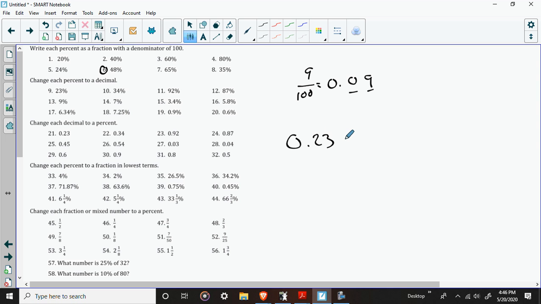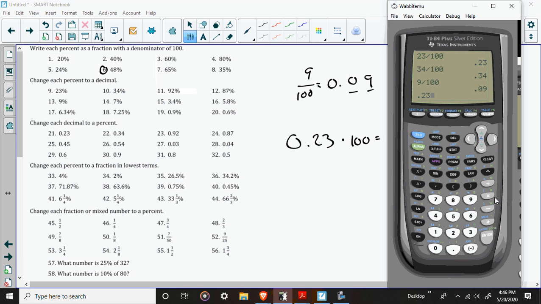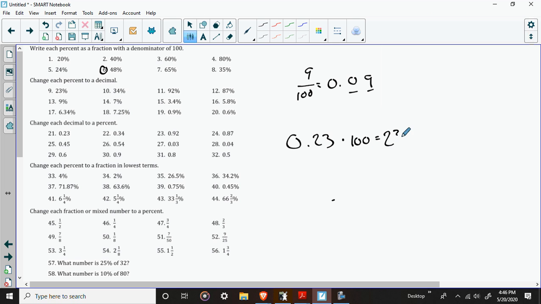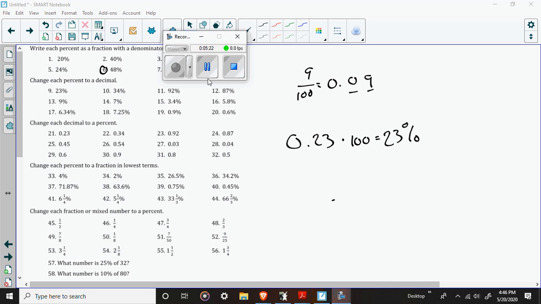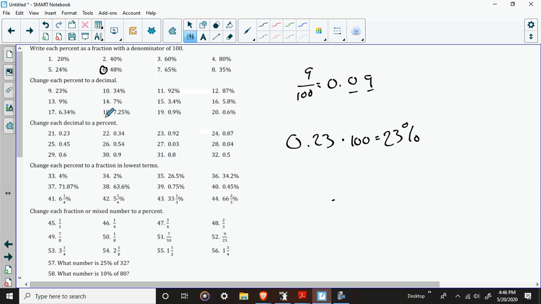If we want to express that as a percent, we multiply it times 100, and 0.23 times 100 is going to be 23, and you are going to have to remember to put the percent sign in there. Okay, if you had to do something like this one right here, number 27, 0.03 times 100. Okay, and what is that going to be?